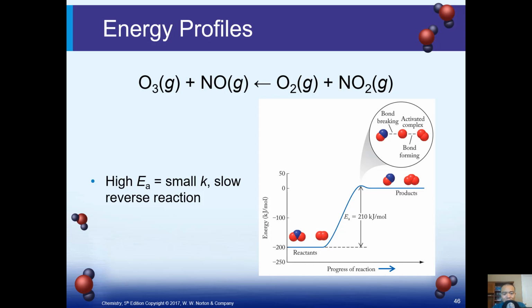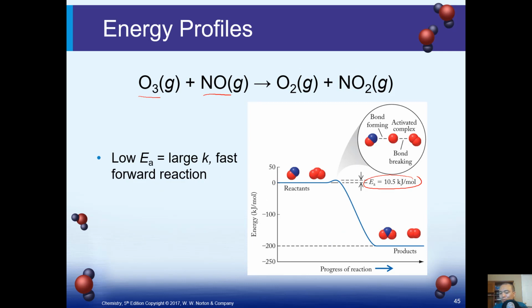Now consider the energy profile for the reverse reaction between NO2 and oxygen gas. The activation energy now is really big. If we look back, the Ea for the forward reaction is very small. For the reverse reaction, the products become the reactants and the reactants become the products.